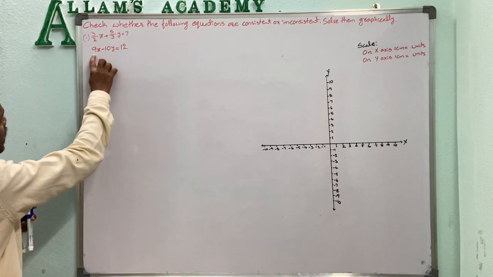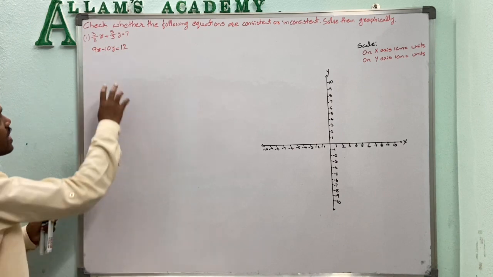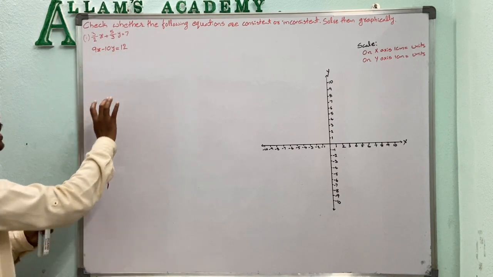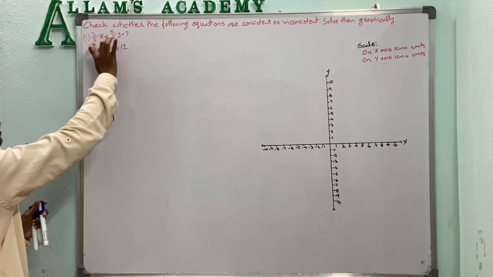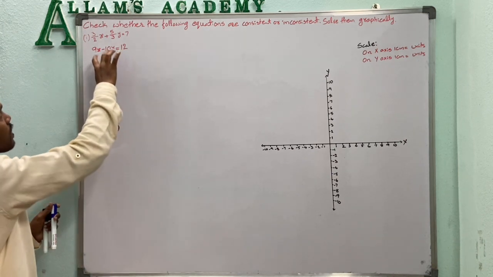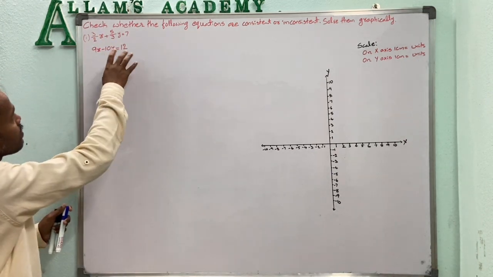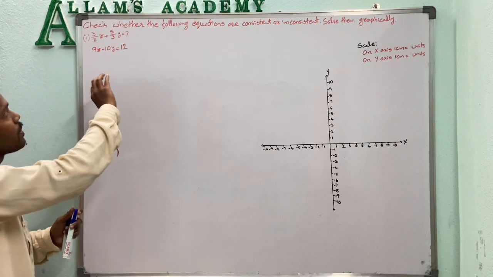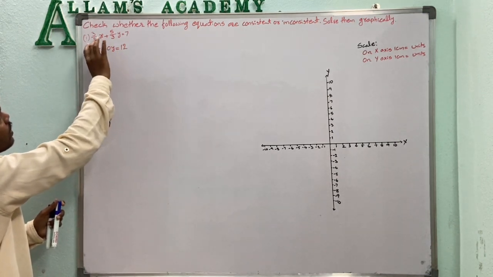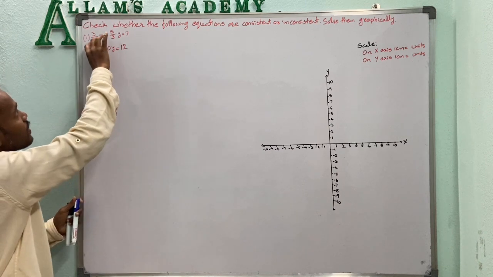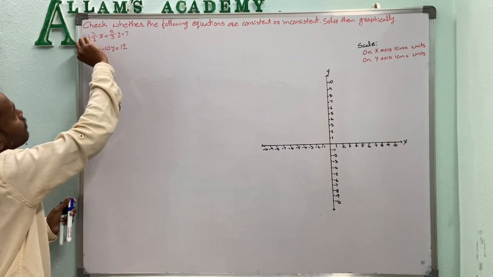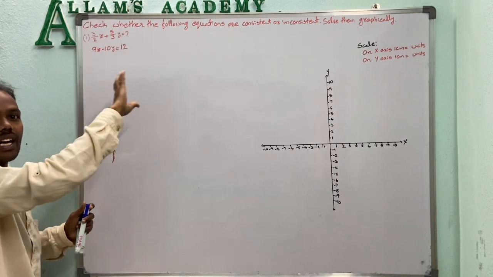In the second equation the x and y coefficients are directly given, but in the first equation the x and y coefficients are rational numbers, which are somewhat difficult to work with. So for that purpose, first we change this fractional form to normal form.